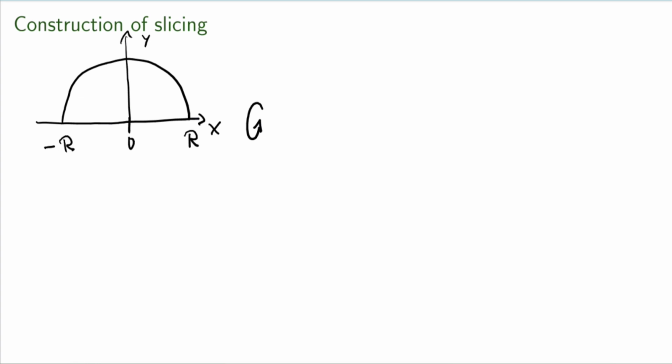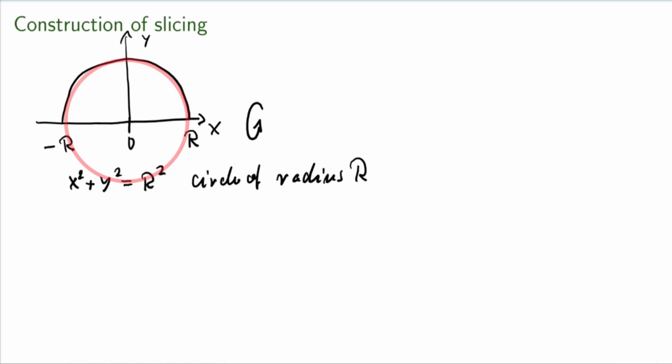So I like to parameterize this sphere. On the circle of radius r, we have that x squared plus y squared equals r squared. And y is the coordinate I'm interested in, so I solve this for y. So then we get y squared is r squared minus x squared, and so y becomes plus or minus the root of r squared minus x squared.